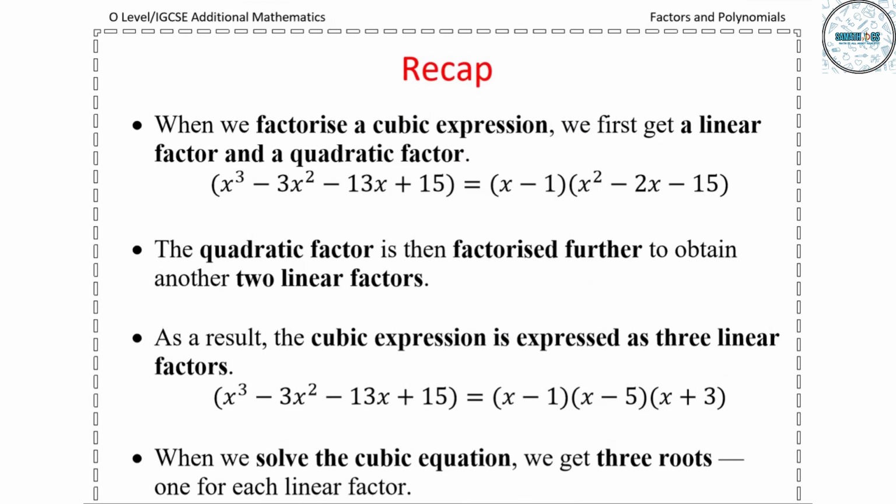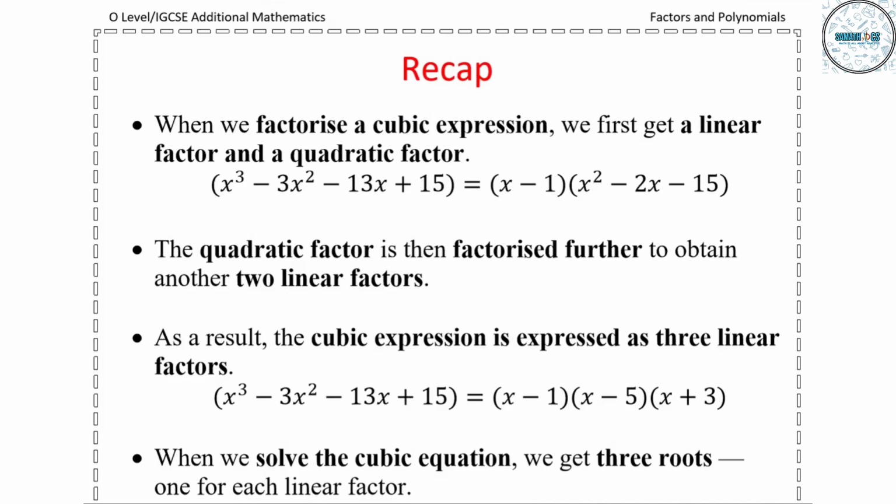Let's do a quick recap. When we factorize a cubic expression, we first get a linear factor and a quadratic factor, as shown here: x cubed minus 3x squared minus 13x plus 15 is equal to x minus 1 into x squared minus 2x minus 15. The quadratic factor is then factorized further to obtain another two linear factors.